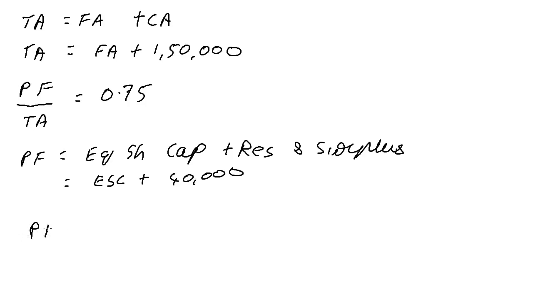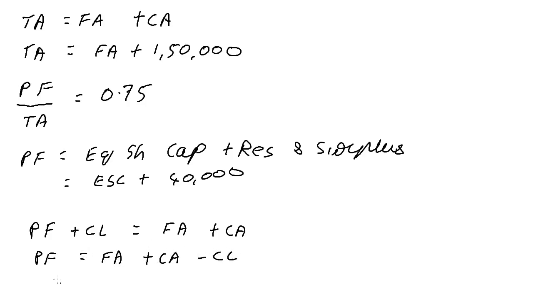There are no loans, so proprietors fund is all that's being used to buy fixed assets and current assets. But if you're buying stock, you can take it on credit, and therefore you do have current liabilities, which you can keep on the left hand side or put on the right hand side. Either way, proprietors fund is equal to fixed assets plus current assets minus current liabilities. Proprietors fund is equal to fixed assets minus working capital.